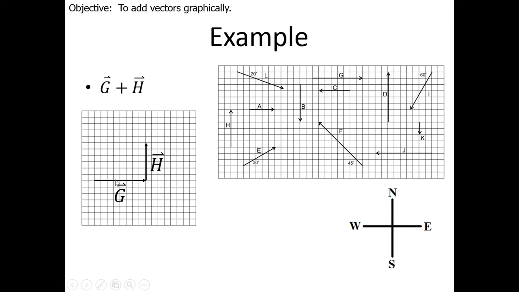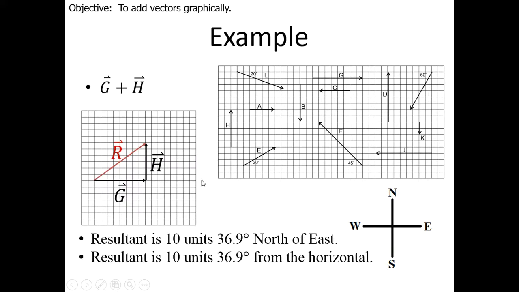But I'm going to go ahead and choose to get out a ruler and a protractor and measure the resultant here to be approximately 10 units at 36.9 degrees north of east, meaning that's this angle here. Or I can say that it's 36.9 degrees from the horizontal.